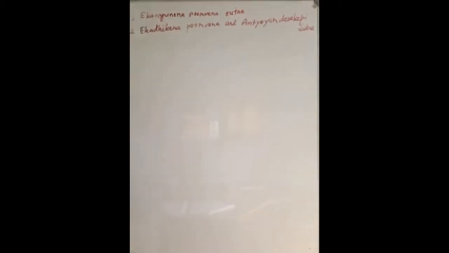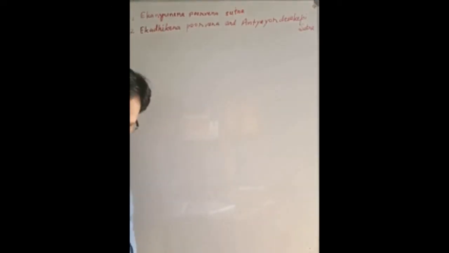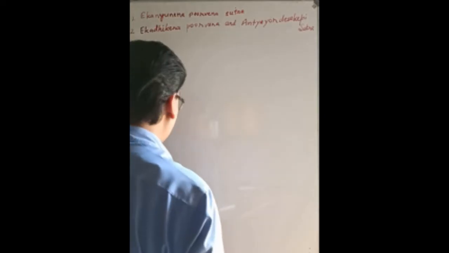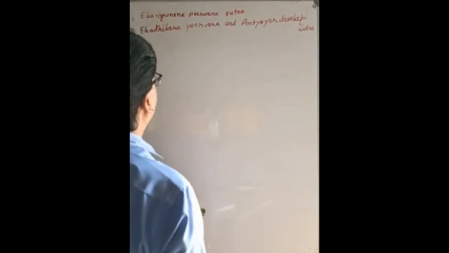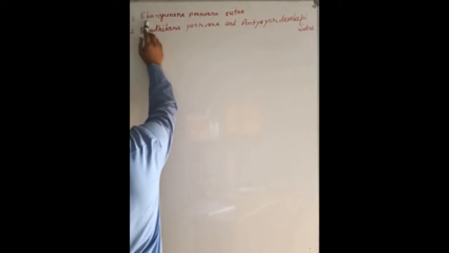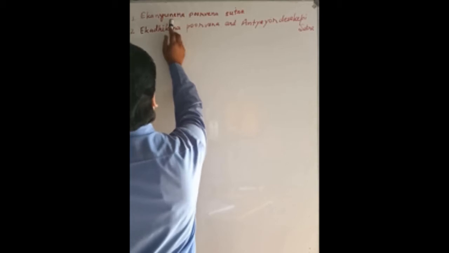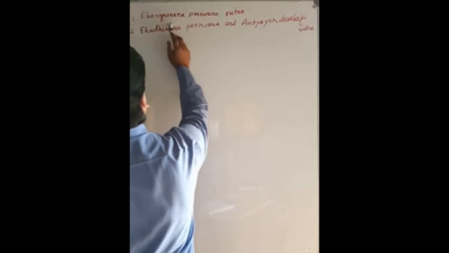We learn first the Eka Nyunena Purvena Sutra. The meaning of this sutra is one less than before. Eka means one, Nyunena means less, one less than.